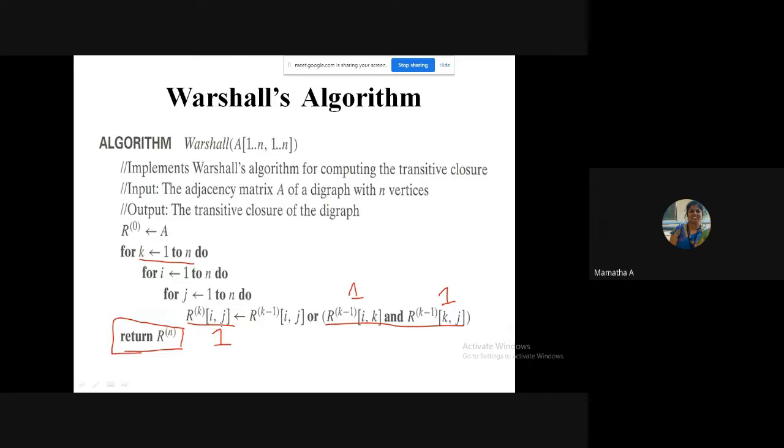Okay. So now, looking at this algorithm, can anybody guess the order of growth? What is the basic operation here? Students, tell me. Rakshita, what is the basic operation?